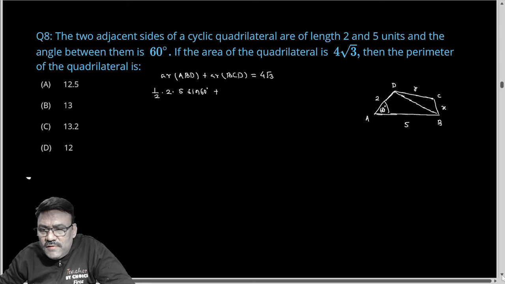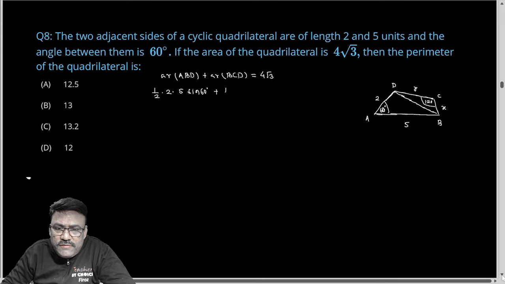Now obviously this angle here is 120 degrees. Why is this 120 degrees? Because the sum of opposite angles of a cyclic quadrilateral is always 180 degrees. So the area of triangle BCD will be half xy sine 120 degrees. It is also 4 root 3.